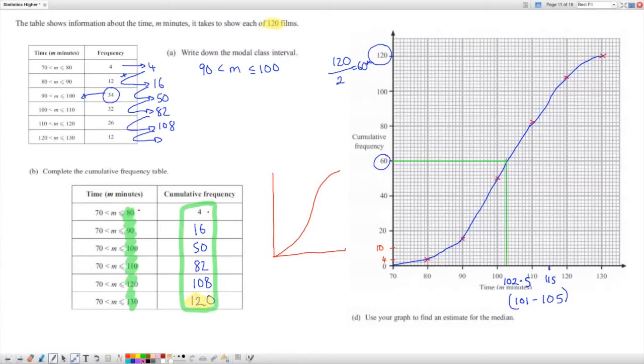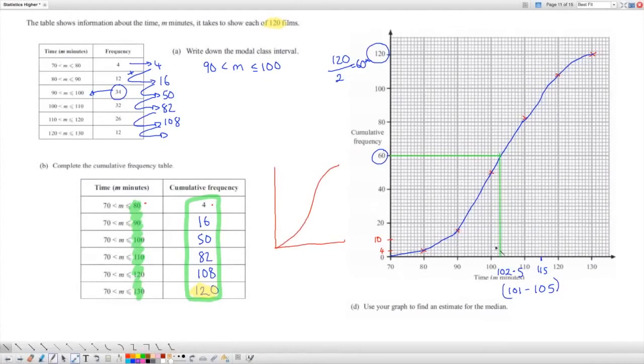Taking our ruler again, drawing a vertical line up, and then a horizontal line across, we then can read off our value from our y-axis here.